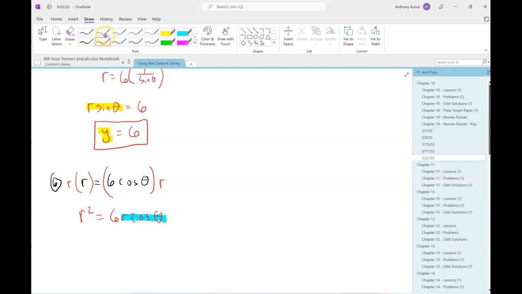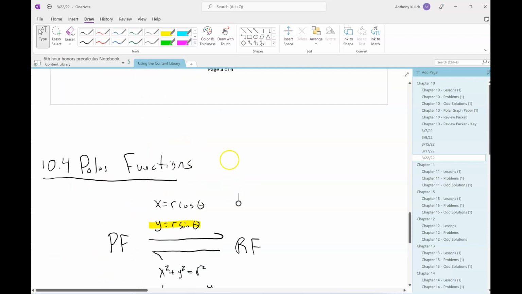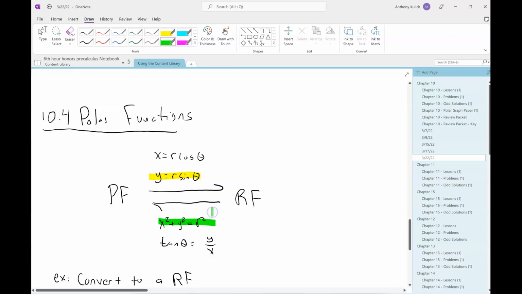What's r cosine theta equal to? x. Secondly, on the left-hand side, I have r squared. What is r squared equal to? x squared plus y squared. Right? You guys see it there?